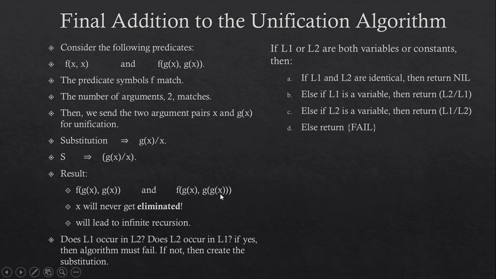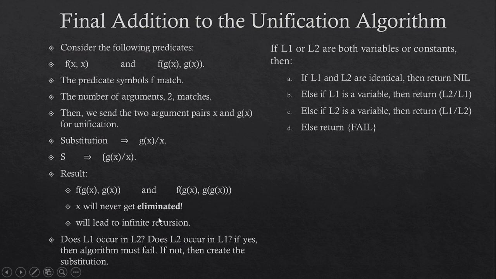We need not go further to understand what is wrong with this. The main motive of substitution is to replace the variable entirely with the other variable or the other constant to eliminate that variable, x in this case. But the other argument is a function of the variable. Obviously, x will never get eliminated after such a replacement. Instead, it will lead to an infinite recursion.